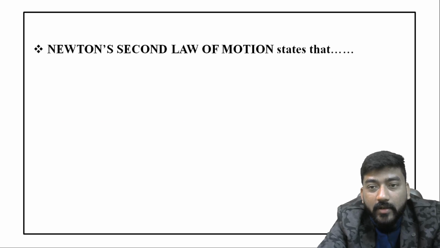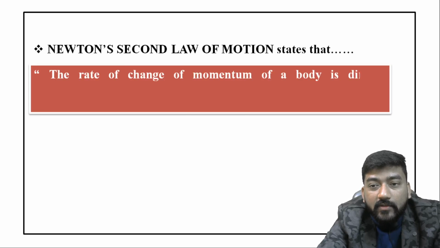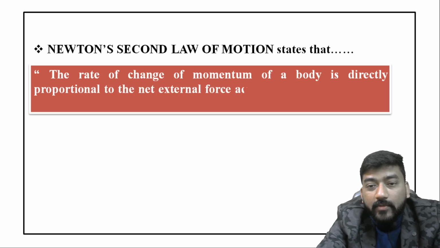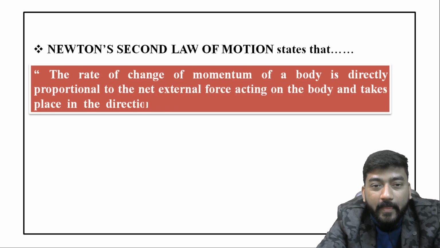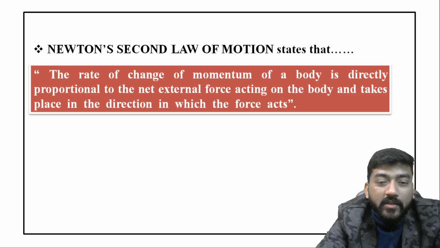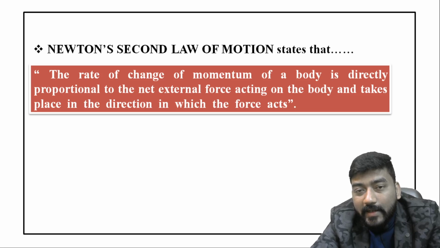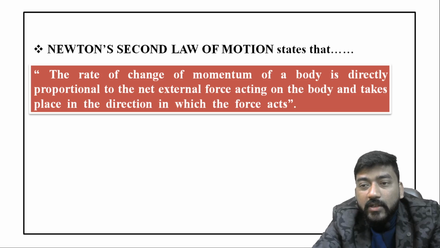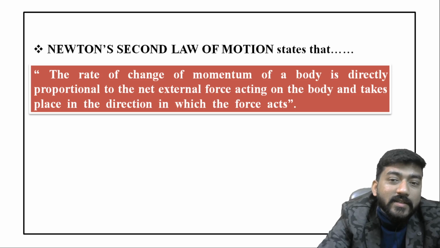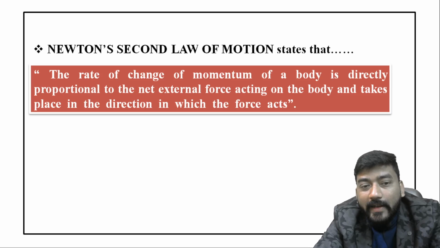Now let me state Newton's second law. The statement, as you have read in your earlier classes also, is that the rate of change of momentum of a body is directly proportional to the net external force acting on the body, and takes place in the direction in which the force acts.